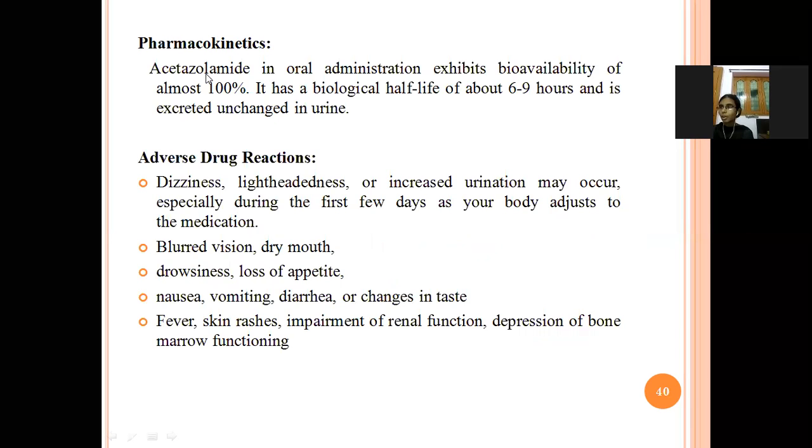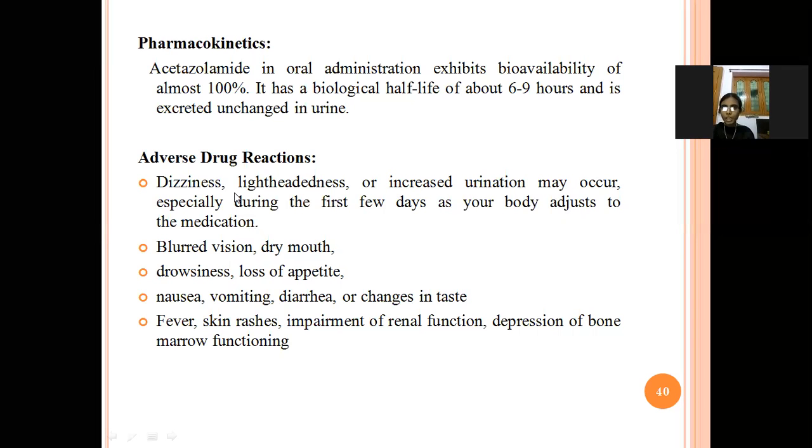Next, pharmacokinetics. It is given by the oral route of administration. It is metabolized in the liver, and it is excreted through the urine in unchanged form.